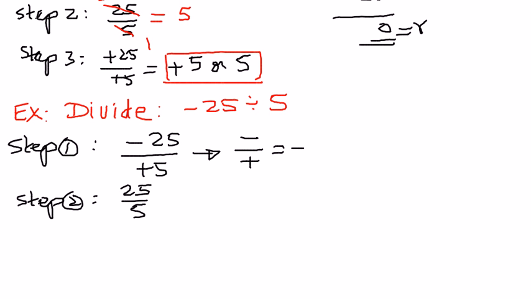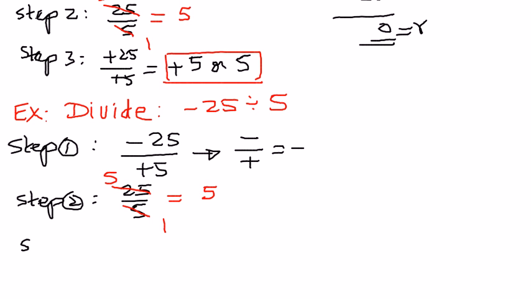We have just seen that 5 times 1 is 5, 5 times 5 is 25. Therefore, it simplifies to 5. 5 divided by 1 is 5. Therefore, we can just write it as 5 like that.